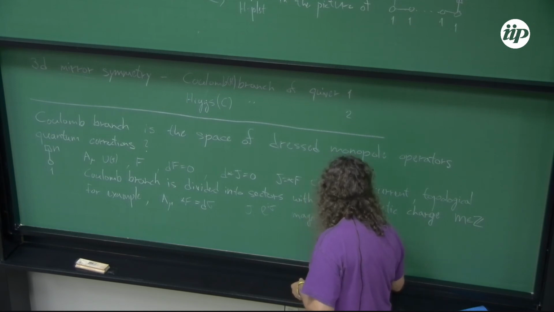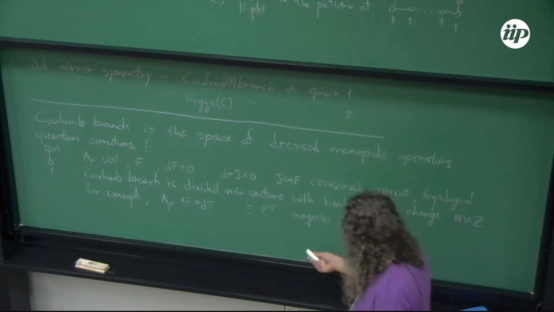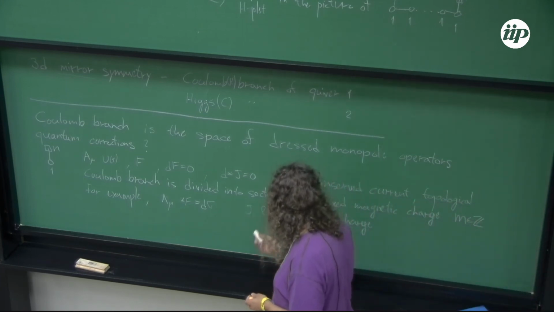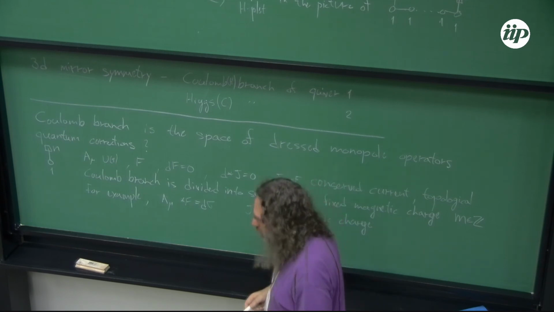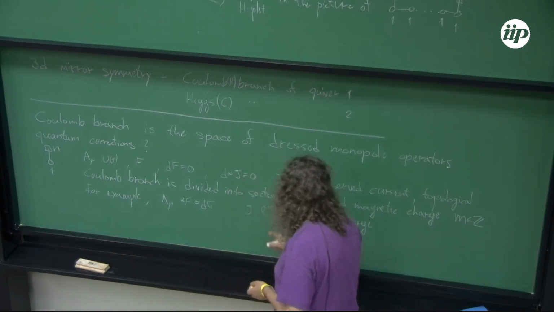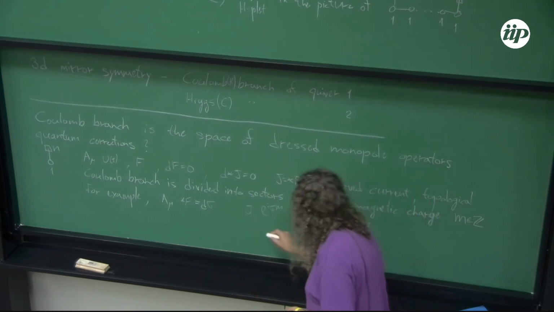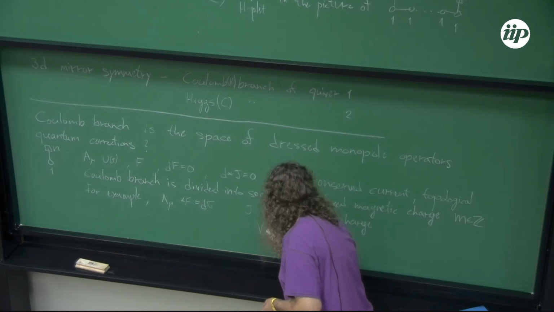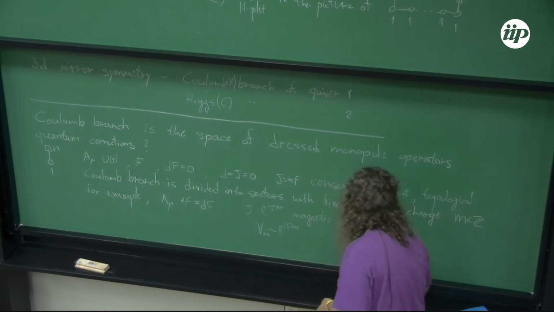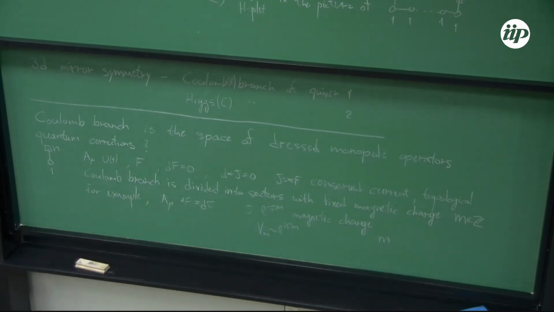This is a purely classical statement. I just take this into a Poisson bracket and act with a current. If I multiply it by m, then I'll get that the state V_m, which goes like e to the i sigma m, has magnetic charge m. So certainly we have such operators in the spectrum.